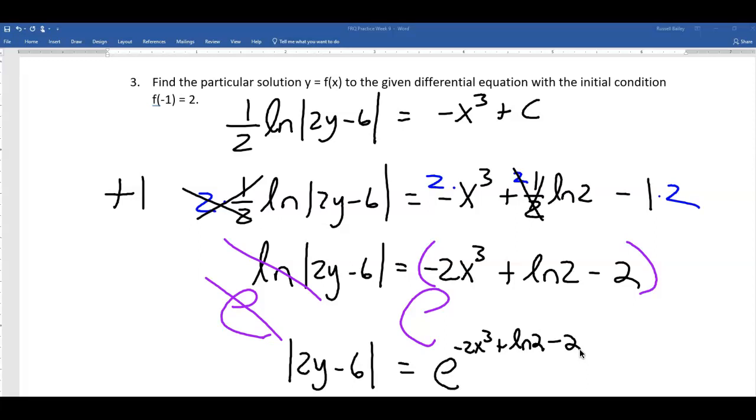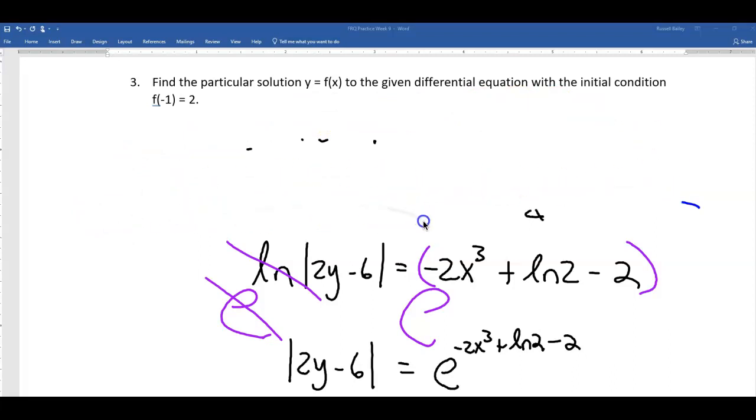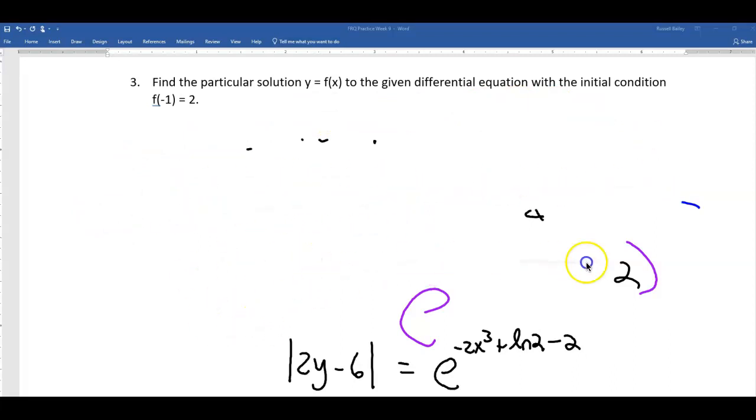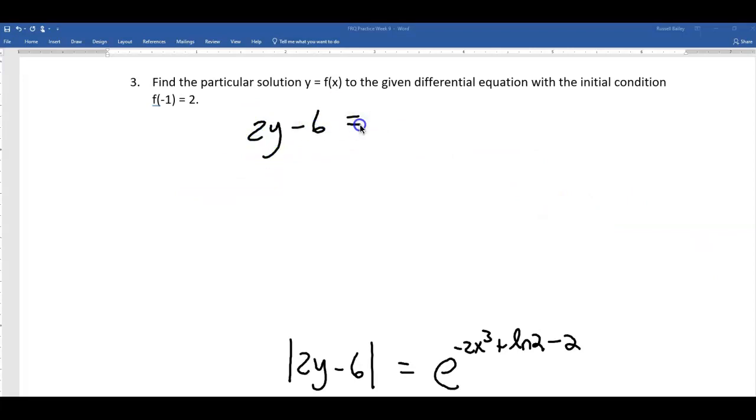All right. We ready for the next step? How do we get rid of the absolute value bars? Yep, we're going to write 2 equations. So 2y minus 6 is going to be equal to plus or minus e to the negative 2x cubed plus ln 2 minus 2. And at that point, I think you guys know what we'll do.